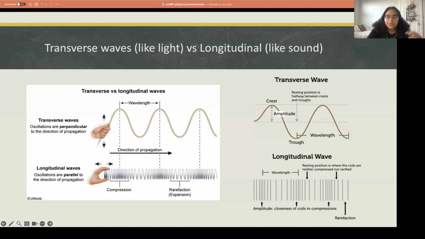It's the same with the transverse wave as well: from any point to the equivalent point where a new wave pattern starts, just the chunk that you repeat. But you probably won't be asked to identify those in longitudinal waves because it's a little harder. As long as you get them in transverse, you should be good. The opposite of a rarefaction is a compression. Those are two terms for longitudinal waves: compression when they're close together, rarefaction when they're spread apart.